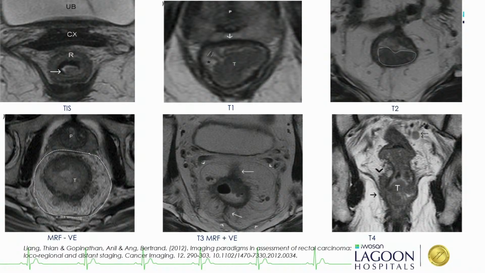So this thin line is a dark line that we see on MRI, and the degree of how much of that is involved is also very important. Which is why I have something called T3 MRF negative, T3 MRF positive, because all these things have surgical implications. Okay. Next slide.